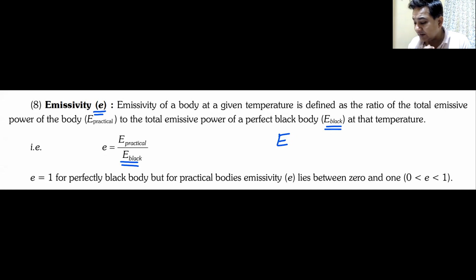Now, what is this small e? In this small e, what you see is something known as E black. Now, when I say E black, I must first tell you what is E black. To understand what is E black, we must understand the next term, which I think we were doing in the last class and then your network got disconnected.